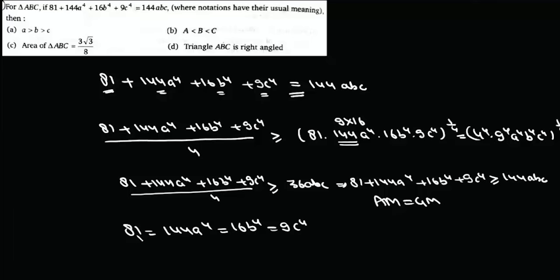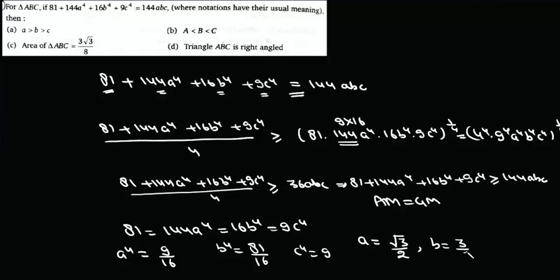So from here we can write a to the power 4 equals 9 by 16, b to the power 4 equals 81 by 16, and c to the power 4 equals 9. So from here we'll get a as root 3 by 2, b as 3 by 2, and c as root 3.